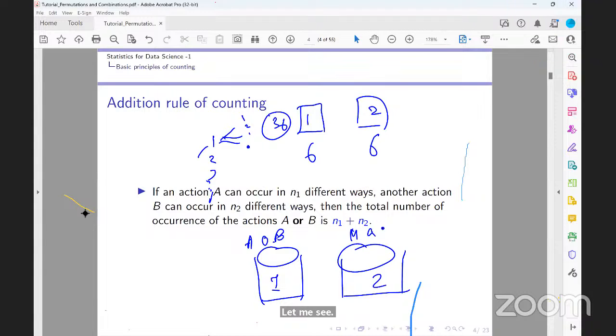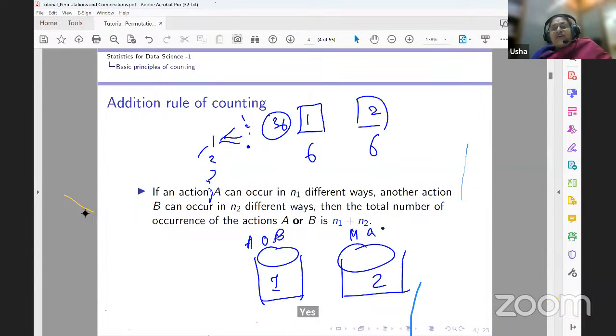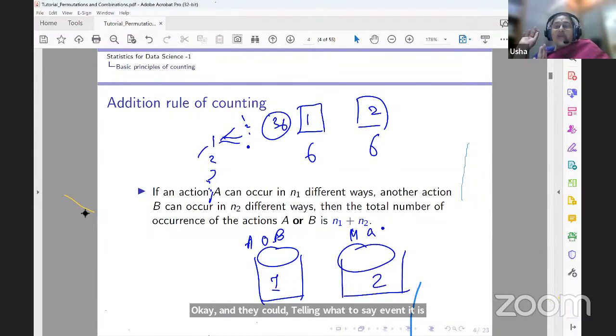But if I am doing the other way, if I choose the first, I'm just choosing the first one. It is not occurring simultaneously. That's why I'm very carefully telling what the event is. You're choosing one of the dice, and then I'm rolling it.